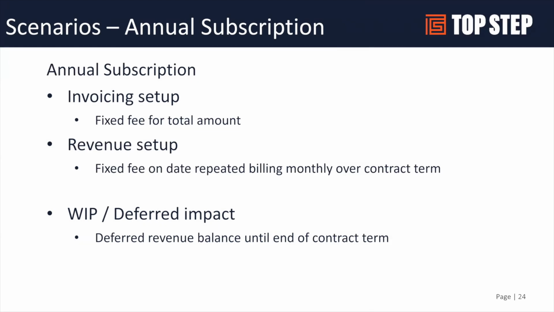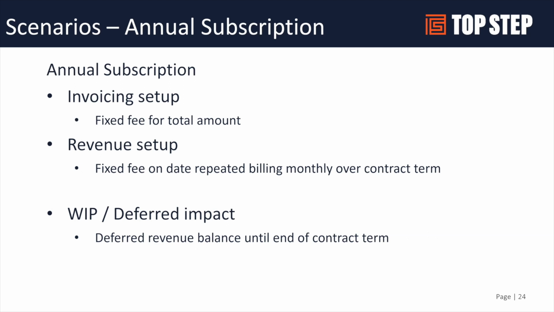Okay, one more, annual subscription. So we see software companies a lot want to manage their annual subscription, sometimes within OpenAir. And so in this scenario, it's pretty straightforward. You would just do, again, upfront. So generally the subscription is upfront for the software, but then from a revenue perspective, it is a ratable revenue recognition.